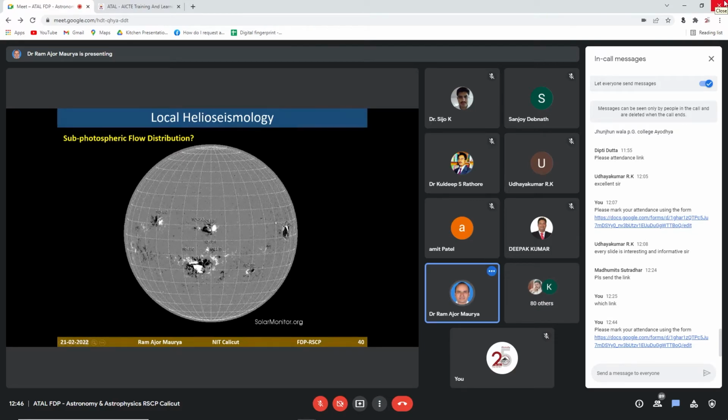This kind of flow is there, and that flow twists the field lines. Okay, see the magnetic field lines, they are trapped in the interior. So the flow in the interior may twist the field lines. Okay, when there is a twist, we are going to accumulate more and more energy in the field.